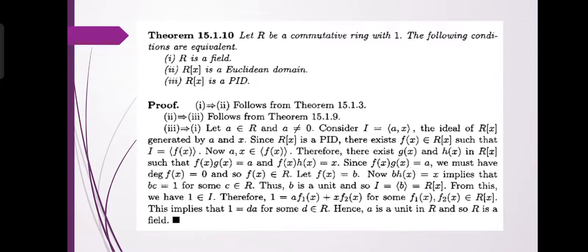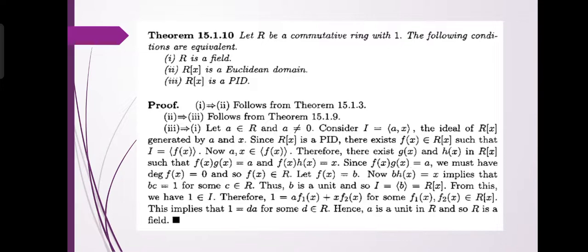Then equation 3 implies equation 1. Let A belong to R and A is not equal to 0. Consider I equal to the ideal of R[x] generated by A and x. Since R[x] is a PID, there exists f(x) belonging to R[x] such that I is equal to the ideal generated by f(x). Now A and x belong to the ideal of f(x), therefore there exist g(x) and h(x) in R[x] such that f(x)g(x) is equal to A, and f(x)h(x) is equal to x.